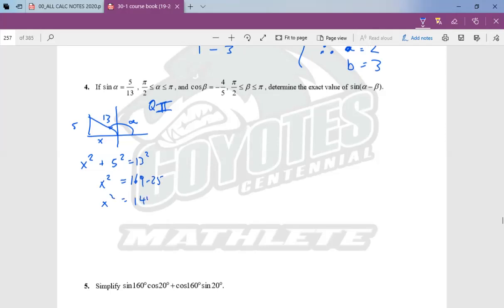X squared is equal to 144, so therefore x is equal to ±12. Now, because we're working in quadrant 2, and you do need to show this step, because we're working in quadrant 2, therefore x is the -1.